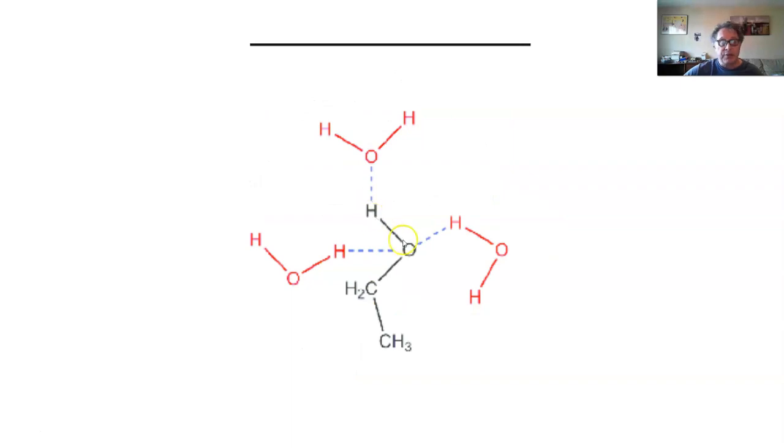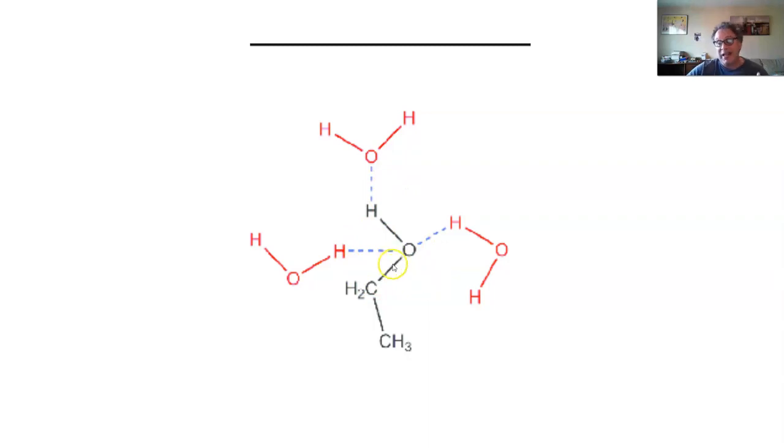Well, first of all, this is one more picture. This is ethanol in water. Now, ethanol mixes with water in all proportions, in all ratios. And one of the reasons it does that is because ethanol is water-like and can displace a water molecule and can participate in the same kind of hydrogen bonding.